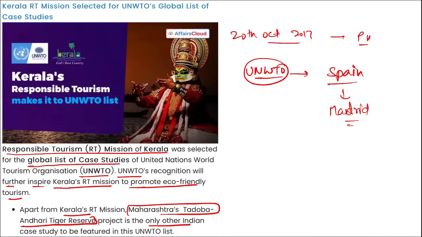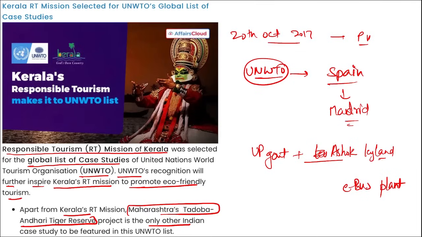Madrid, Spain. Then next, tell me, recently UP government, they have tied up with which organization in order to set up an integrated e-bus plant? So UP government, they tied up with Ashok Leyland in order to set up an integrated electric bus plant, right?